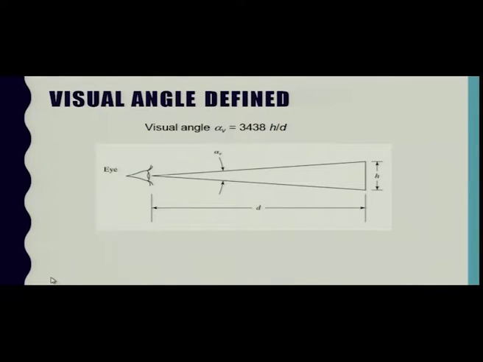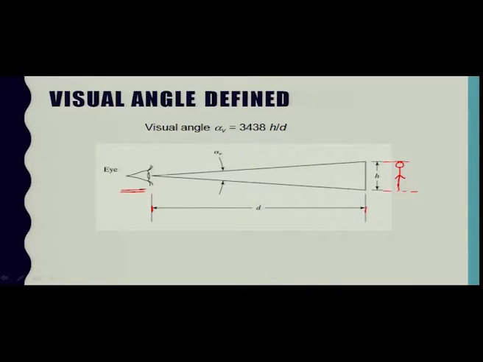So now we need to understand that this is the eye and this is the object. The height of the object is h, and the total angle that the eye makes to this object is alpha v, and the distance from the eye to the object is small d.